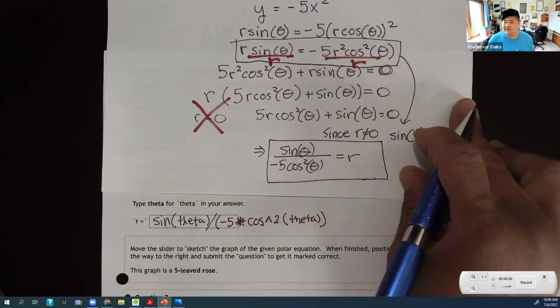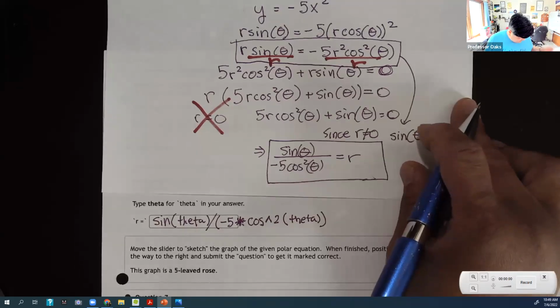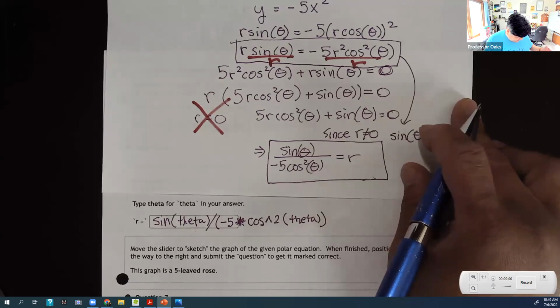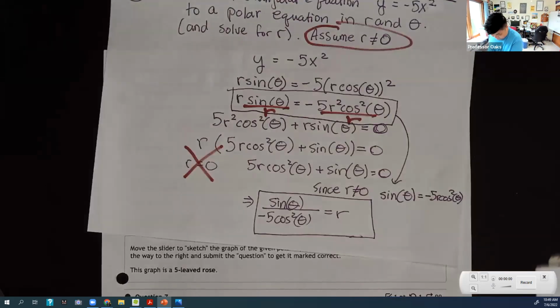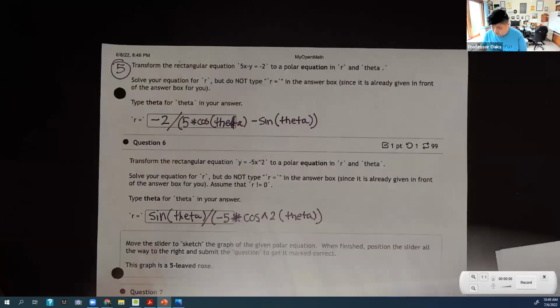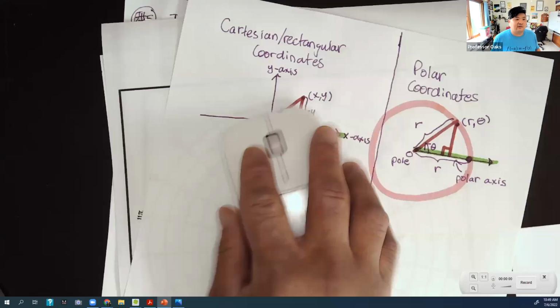Okay, so I think that's all of the stuff on the polar coordinates, because the rest of the problems are polar coordinates that they give you. If you look farther down the quiz, I'll show you real quickly.